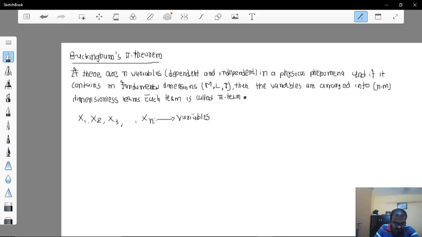Then out of this, x1 is dependent variable, and here these are independent variables.